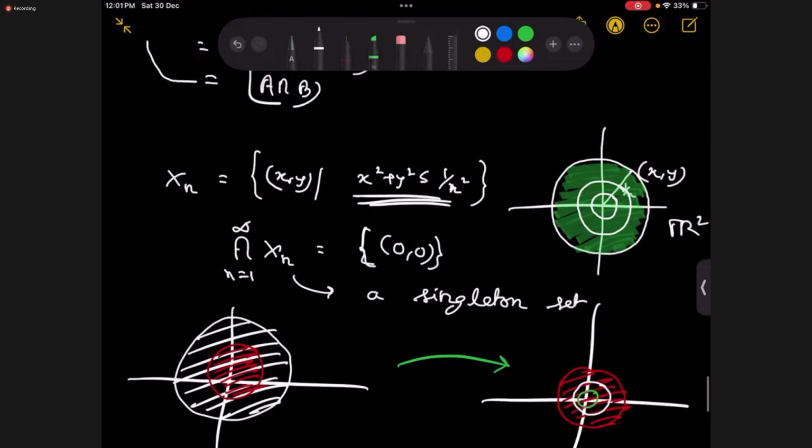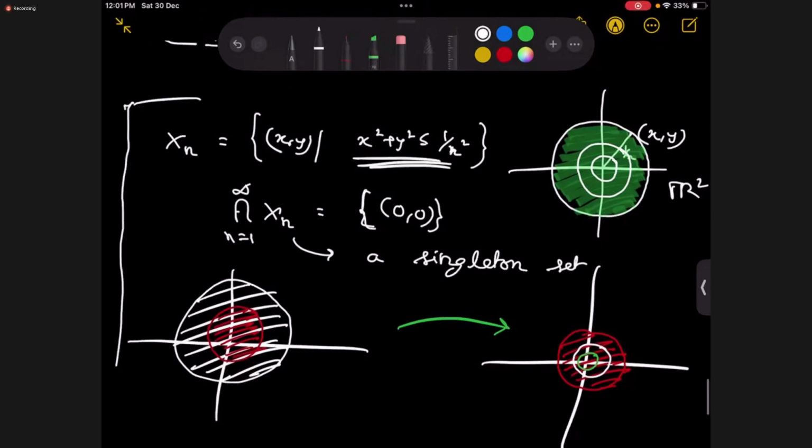This is a very interesting example, and just by geometrical understanding one can easily solve this problem in just one line, just by drawing the figure. It is very easy, so just try to understand the concept of this problem. Okay, so let us stop here.